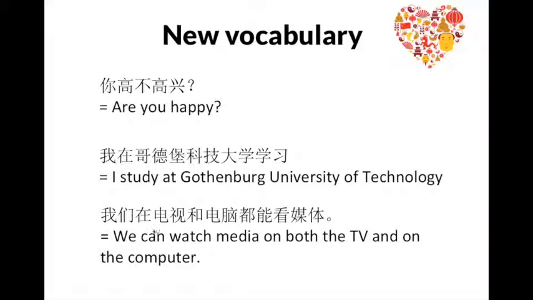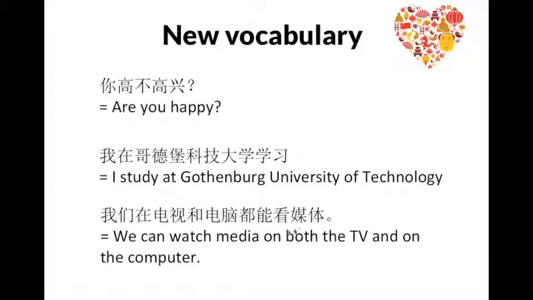So we, in the television and in the computer. 都, this means all. Is something we looked at a couple of weeks ago. And when you have two kind of entities before do, you can even have more than that. Then when you add the do, you refer back to all of them. In this case, both of them. So when we say 我们在电视和电脑都, both is what we mean. So both on the TV and on the computer.